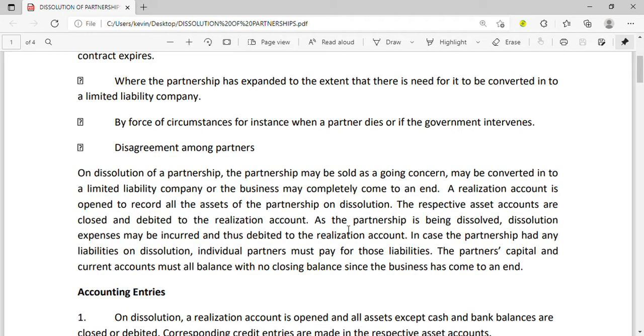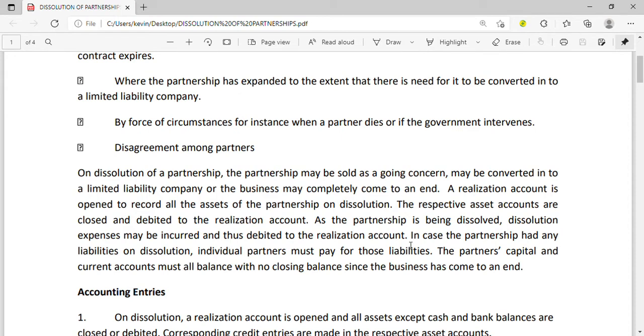As the partnership is being dissolved, dissolution expenses may be incurred and thus debited to the realization account. So in case of a realization account, we debit all the assets except cash or bank. We also debit the dissolution expenses that are incurred during dissolution.